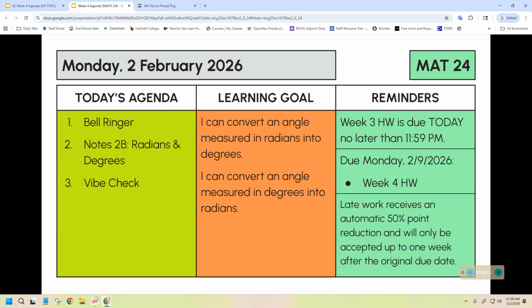I do not have a copy for you because I had a doctor's appointment during my prep period this morning, which means I did not get to make copies. So you have two choices. I'm going to give you about 2 minutes. You can either grab some paper and take this on paper. I will get out some graph paper. Or you can pull it up on your Chromebook.